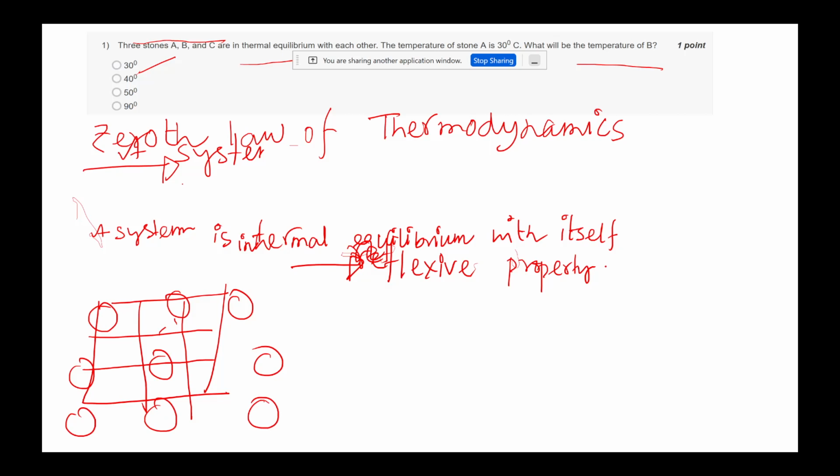It can be temperature, it can be anything else. If these smaller parts have the same assigned variable, then we can say they are in thermal equilibrium. So the reflexive property says that when we subdivide the system into different parts, and the property assigned to the system is the same in every subgroup, then we can say the system is in thermal equilibrium with itself.